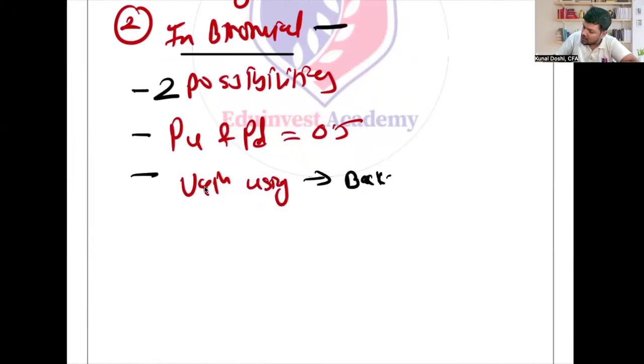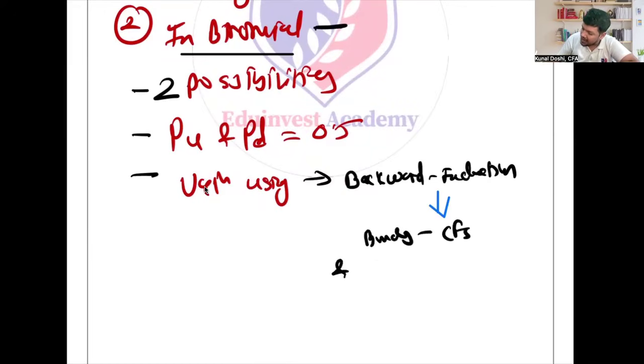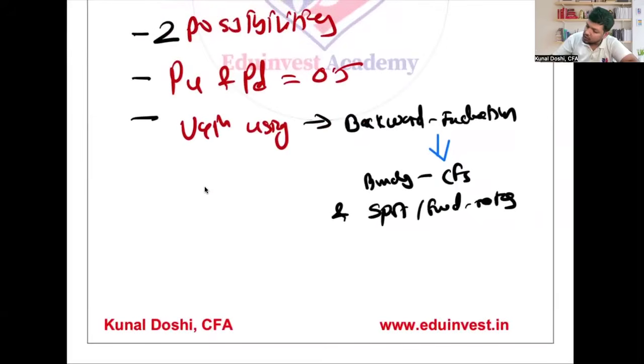In backward induction, we will require the bond cash flows and spot and forward rates, especially the forward rates, to bring the bond's present value.